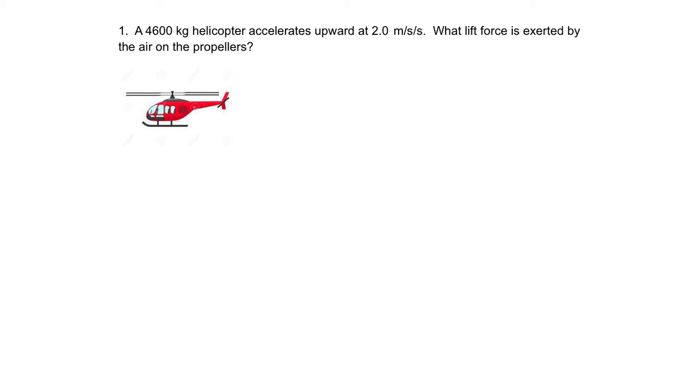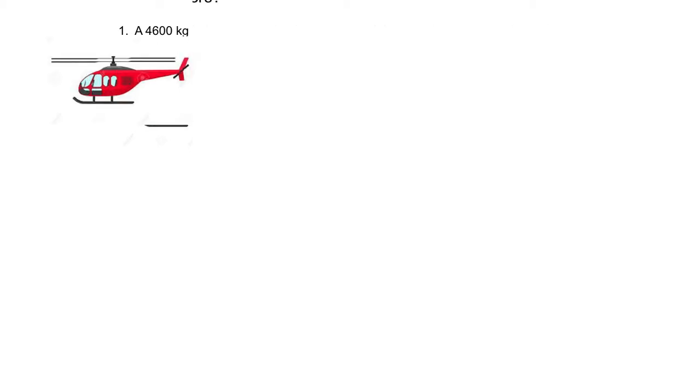Okay, so unbalanced forces. Unlike the balanced forces unit, we can tell that the forces on an object are unbalanced if the object is accelerating. So in this case, we have an acceleration of positive 2 meters per second squared.